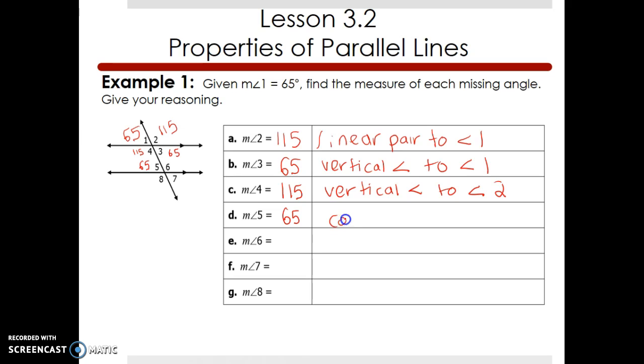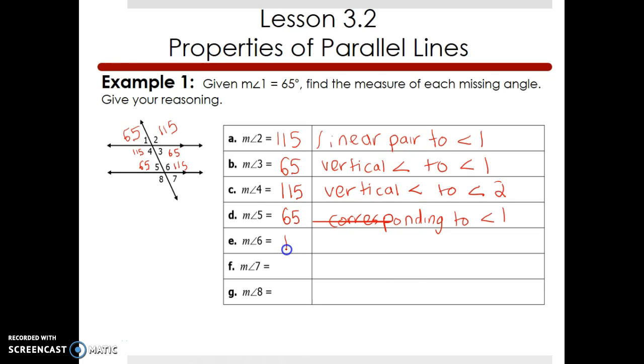So corresponding, and same with angle 6. Angle 6 and angle 2 are going to be corresponding. They have the same position, so they're going to be the same.